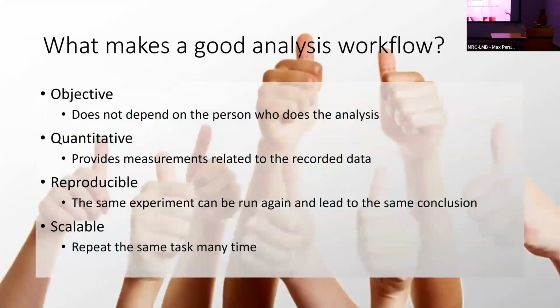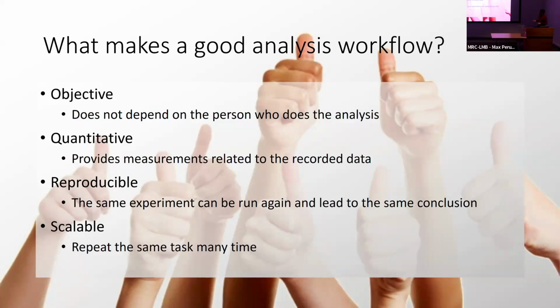So what makes a good workflow? We want our workflow to be objective. What does that mean? It doesn't depend on the person who does the analysis. So you want to be really independent from your input.